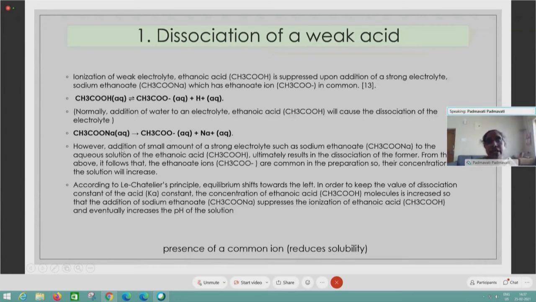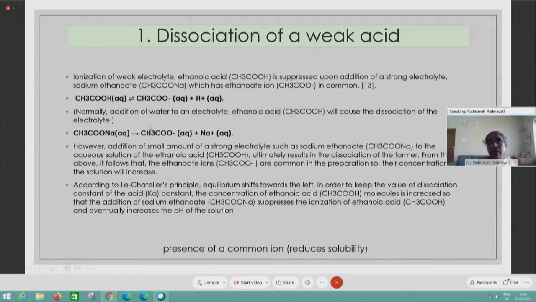So here you can note that addition of a small amount of a strong electrolyte such as CH3COONa, sodium ethanoate, to the aqueous solution results in the dissociation of the former. From the above, it follows that ethanoate ions are common in the preparation, so their concentration in the solution will increase. Okay, so this is governed by your Le-Chatelier's principle, because anything that is added in excess or some change is done, it tries to re-establish its previous state.